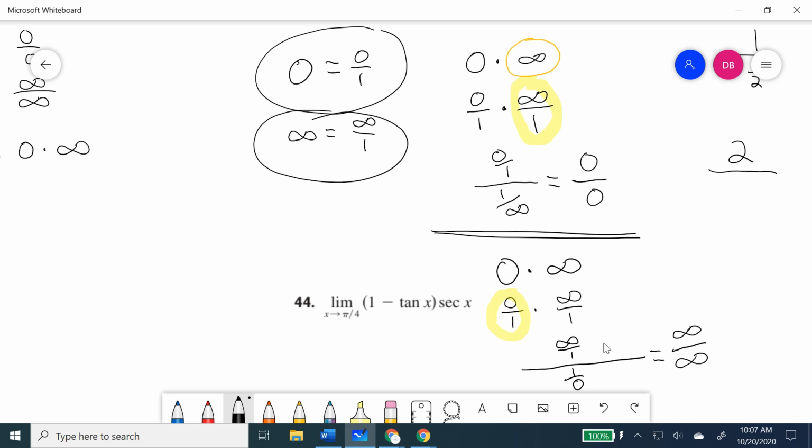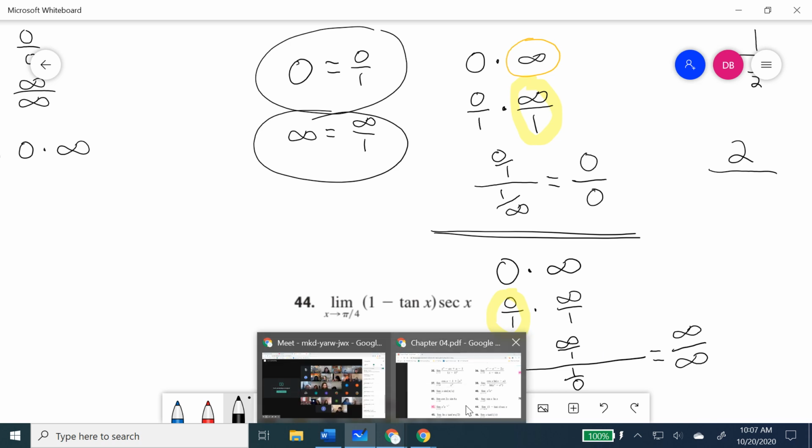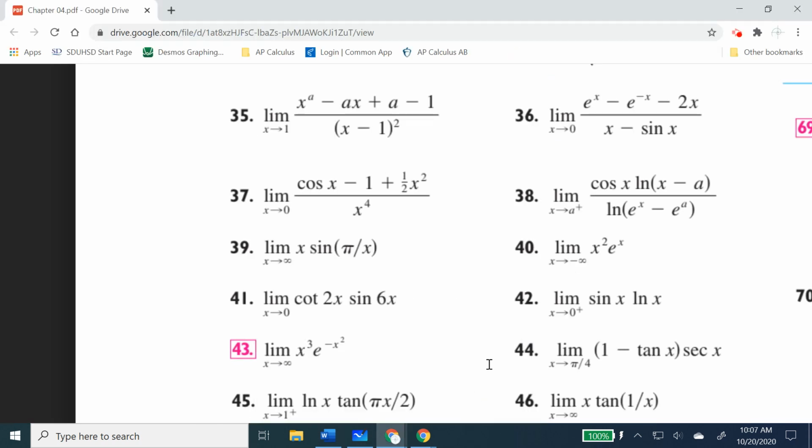Also know that when you choose which one to change the side of the fraction it's on, you run into the possibility of choosing poorly, shall we say, or choosing the direction that ends up taking you into an infinite L'Hopital loop. That can happen with some of these.